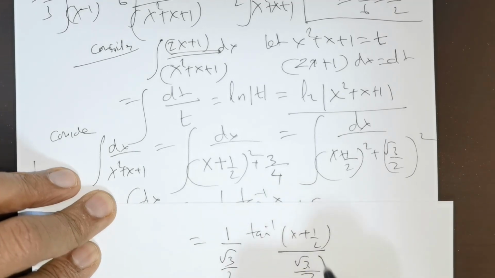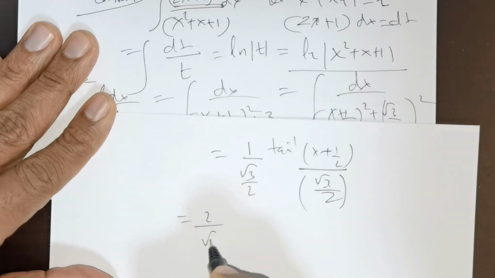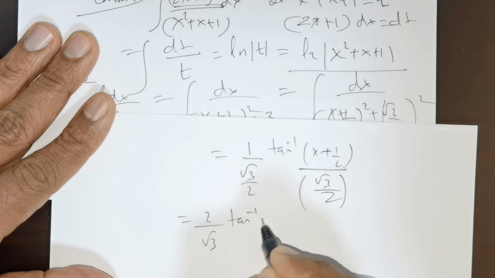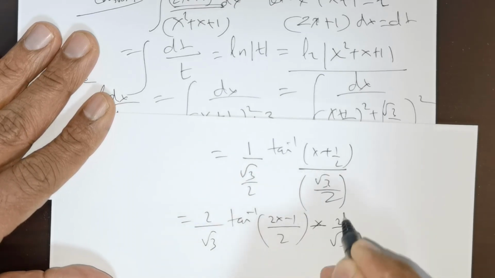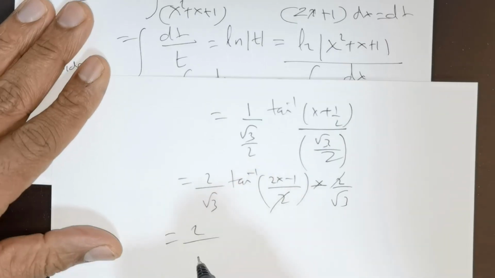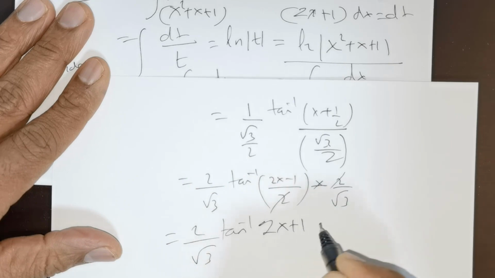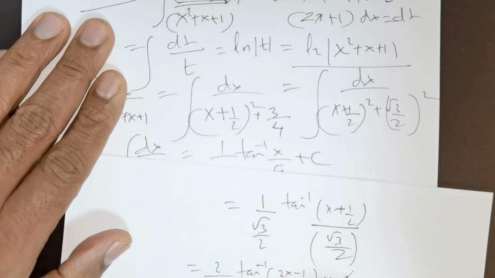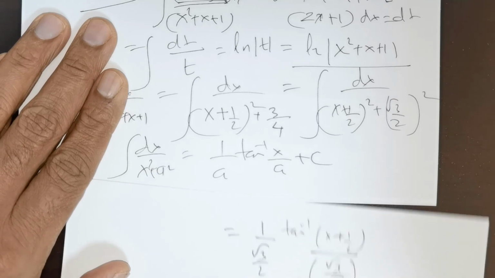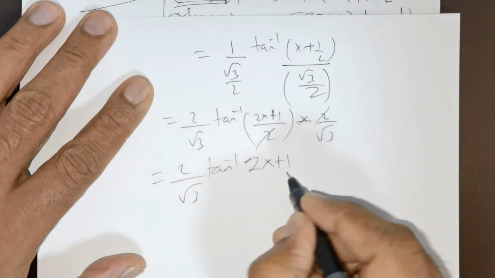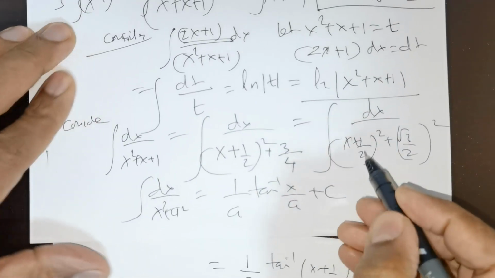So this can be further rewritten as 2 over root 3 tan inverse of (2x + 1) divided by 2, multiplied with 2 over root 3. The 2 gets cancelled, giving me 2 over root 3 tan inverse of (2x + 1) divided by root 3. So this is the term for this.